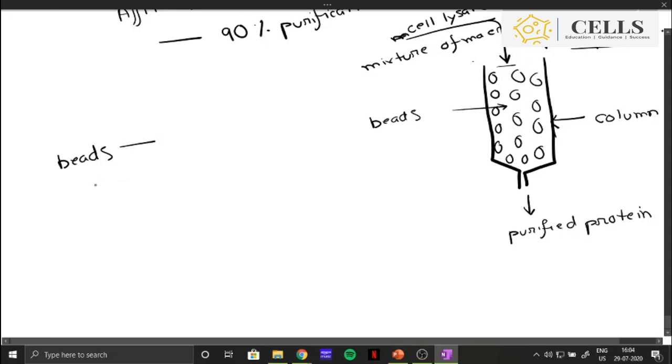The beads are basically made of agarose. They're agarose beads, Ni-NTA agarose beads more specifically.